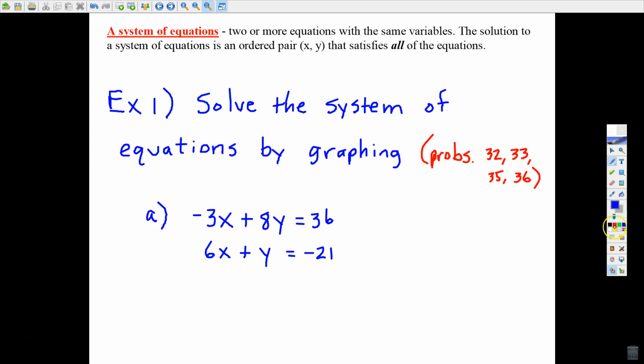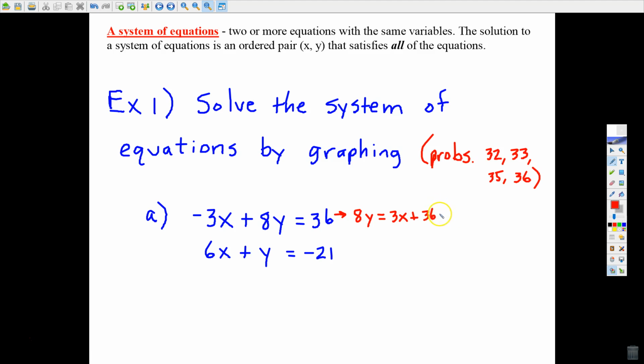Well, let's just start off with what we typically do when we're given a linear equation. We want to look at it in slope-intercept form, which means to solve for y. So this top equation, solve for y: first of all, I'm going to add 3x to both sides. 8y is equal to 3x plus 36.